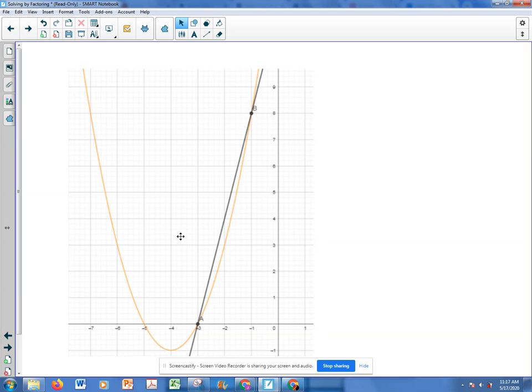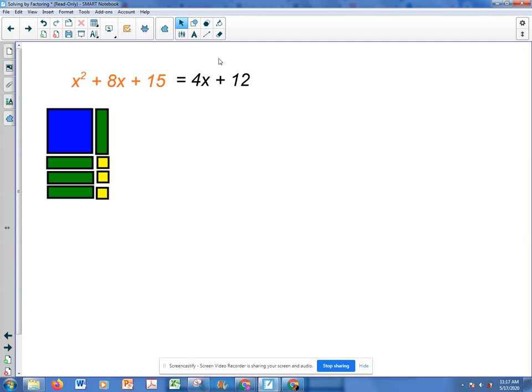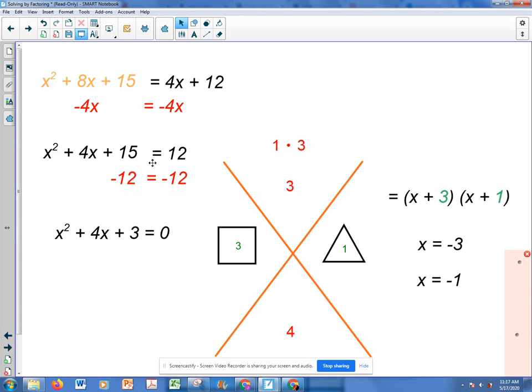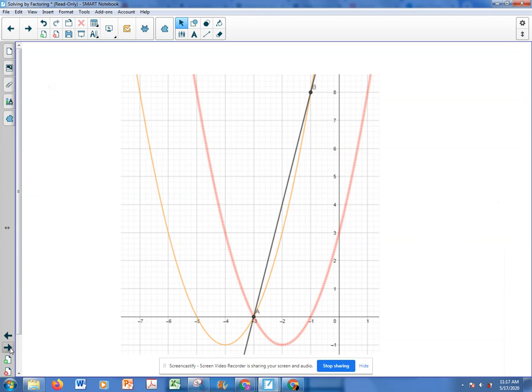But what is actually happening when I do this? When I did all this math out, what did I do? I subtracted this side from this side. Well, this side's a parabola, and this side's a line. So when I subtract a parabola from a line, it still stays a parabola. So I had to go one more.